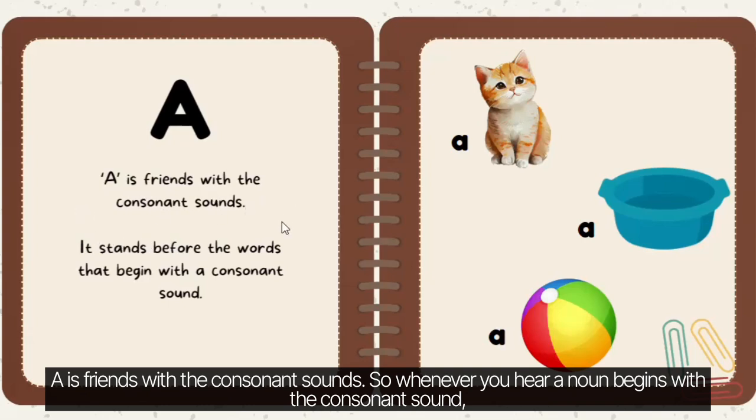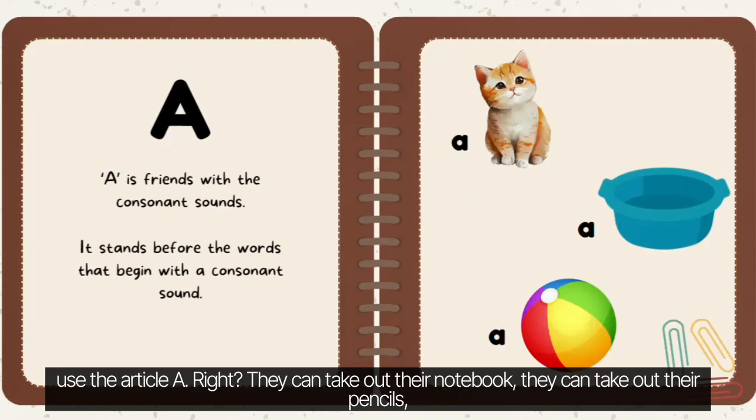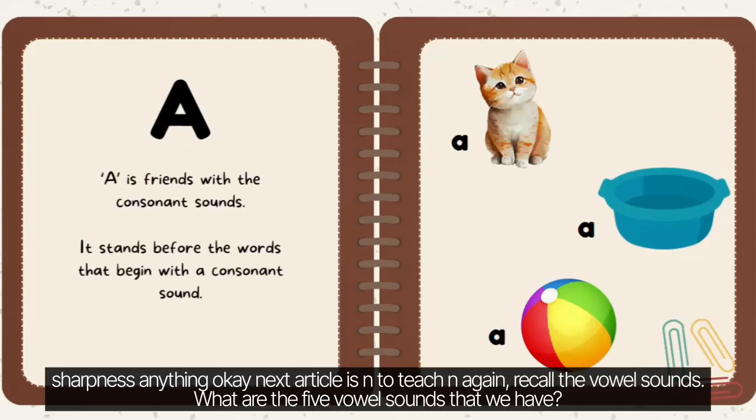So whenever you hear a noun begins with a consonant sound, write a before it. And then you can ask them if they can show you some things with which they can use the article a, right? They can take out their notebook, they can take out their pencils, sharpeners, anything.